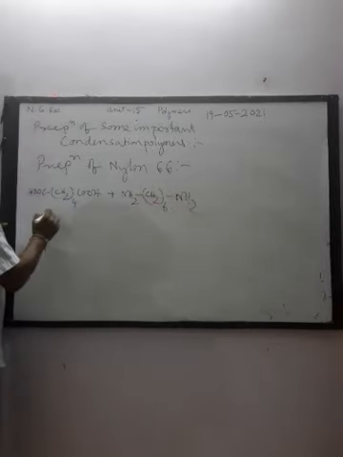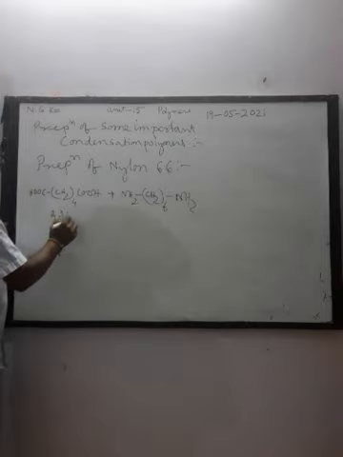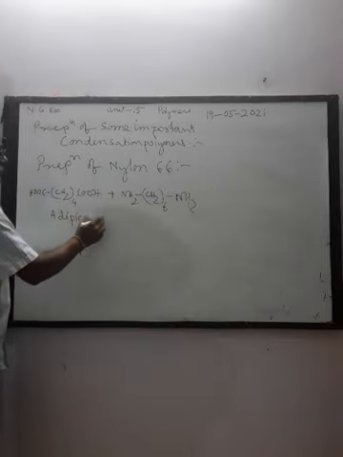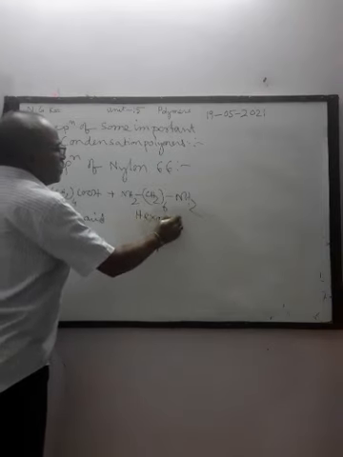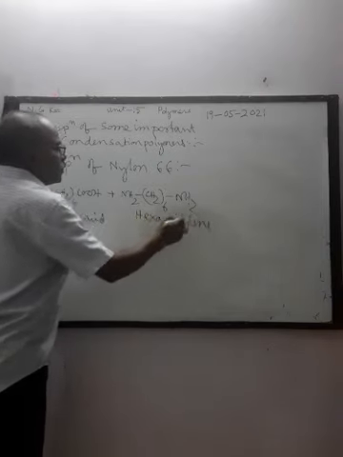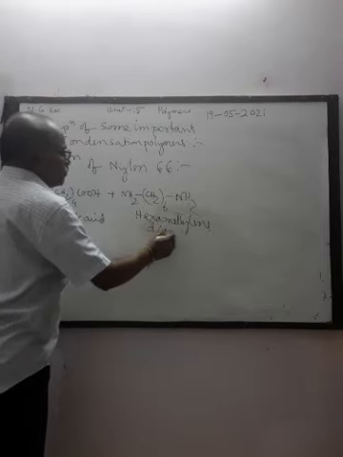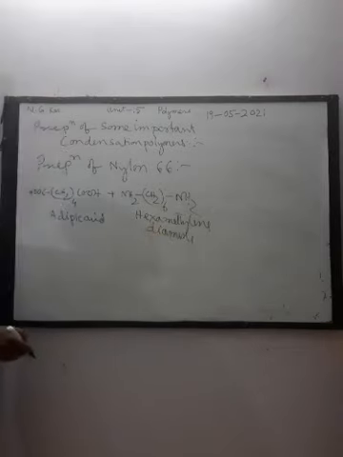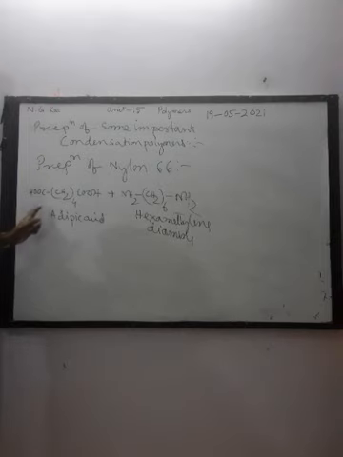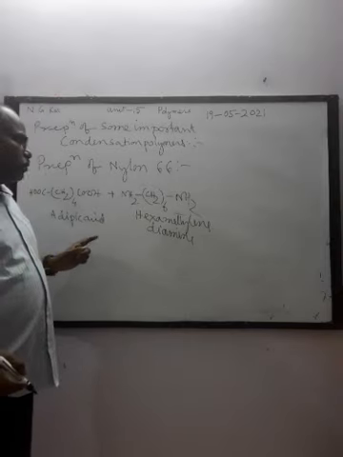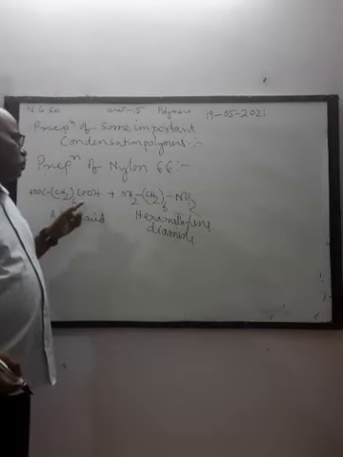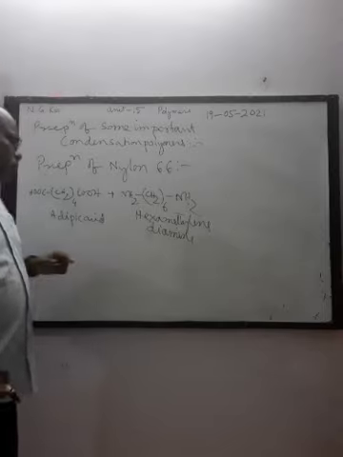So this is our adipic acid, and this compound is called hexamethylene diamine. Both have bifunctional groups. Adipic acid contains two COOH groups, that is carboxylic groups. Hexamethylene diamine also contains two bifunctional groups, because for condensation polymerization bifunctional groups are essential.